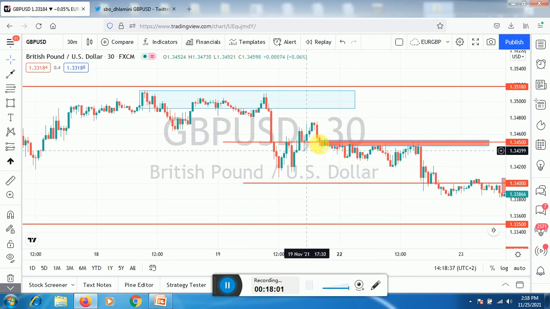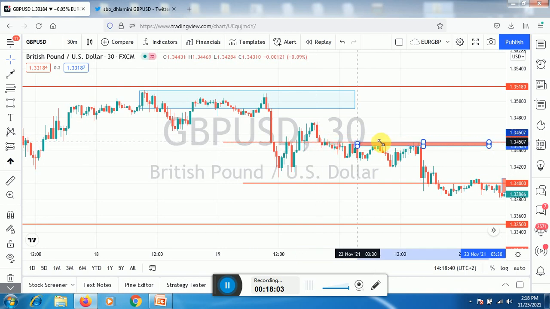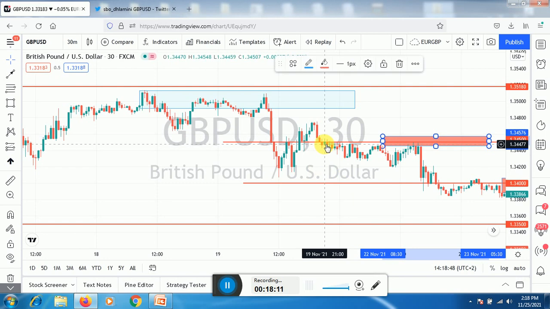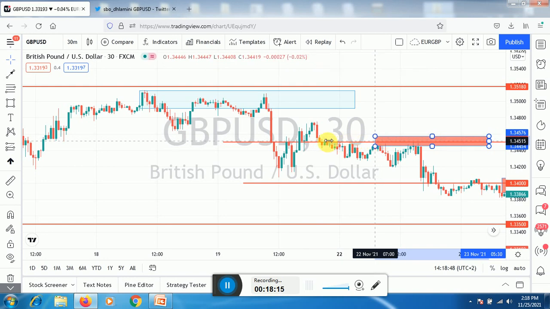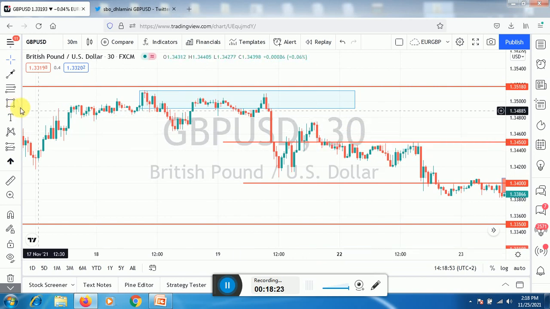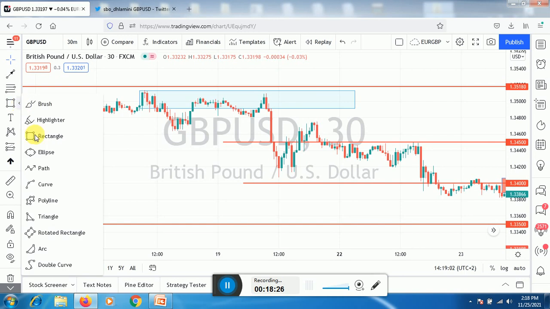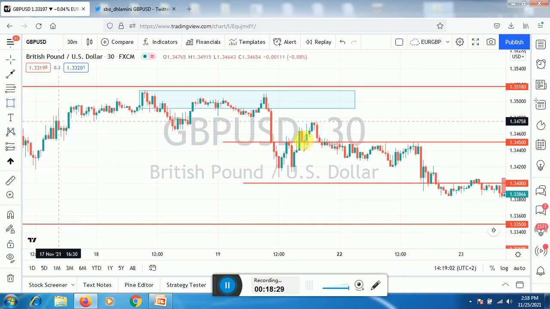So which one was the previous bullish candle? In this case, it was this one here. We also paused this level here. Okay, let me put the blue color so it can be much more effective, like the one at the top.